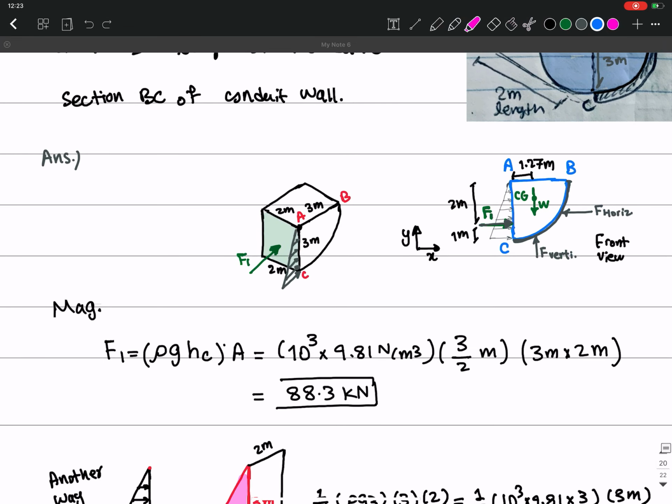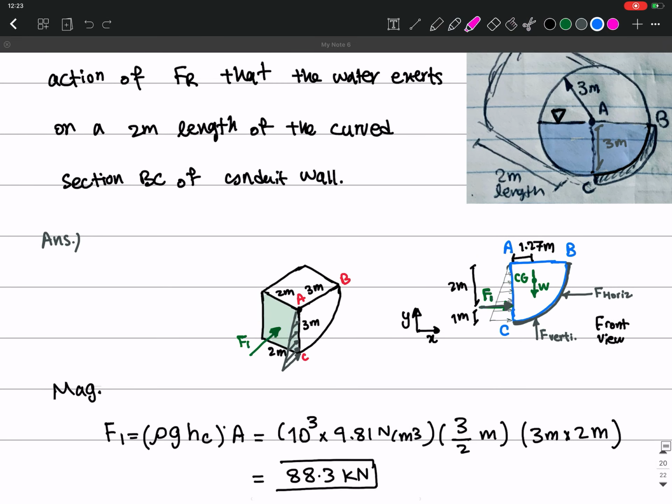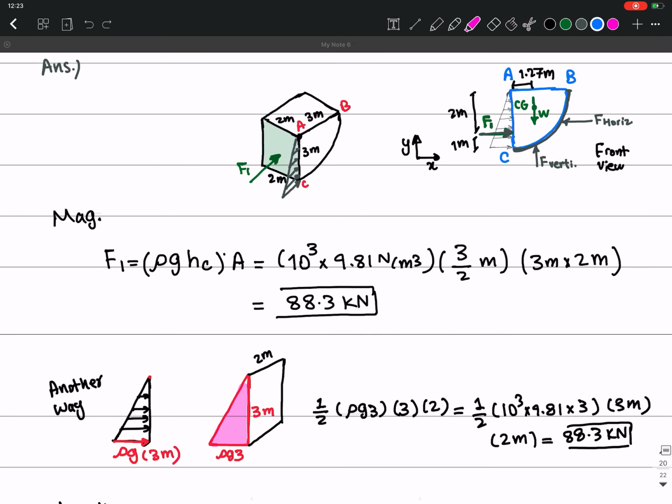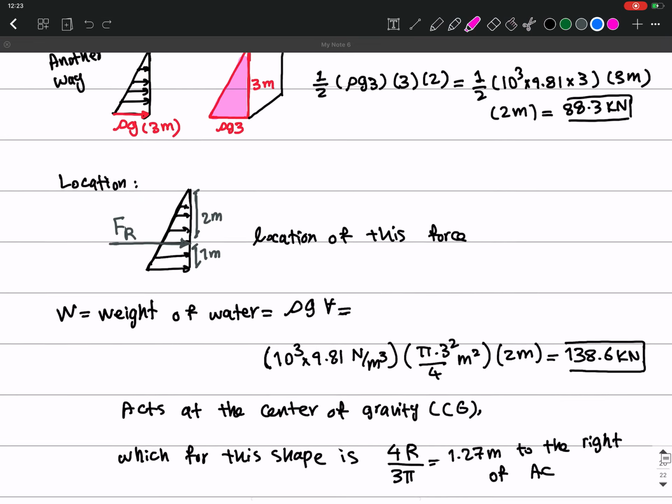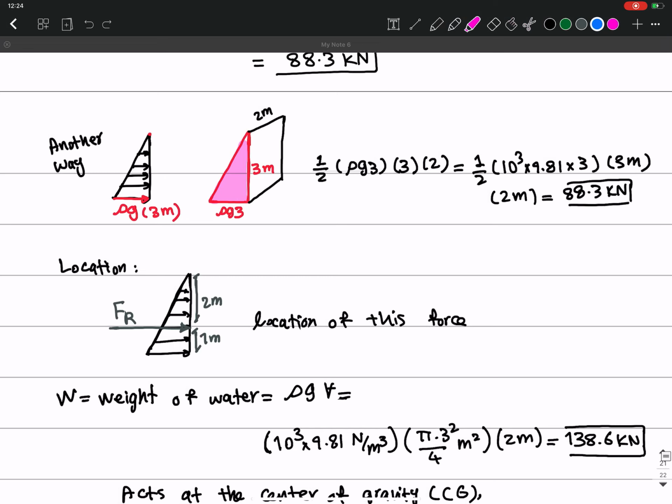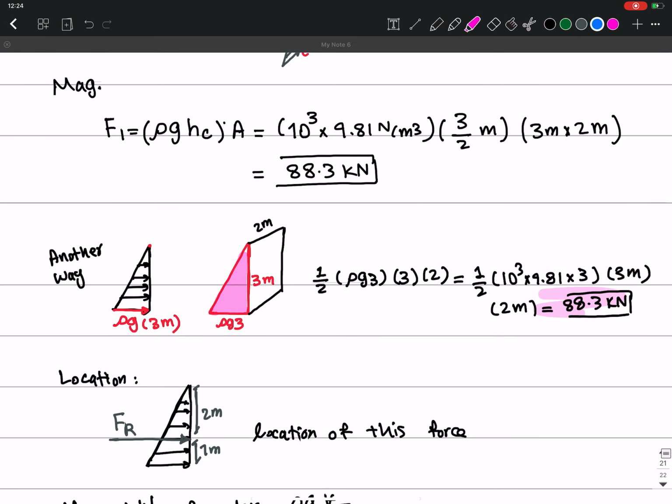Then you need to calculate the hydrostatic forces, which is this F1, the magnitude of that, and also the location of that, and then also the weight of water, which is shown here. Okay, so all the forces that act on that. So you just draw the free body diagram, and then we calculated the magnitude of the hydrostatic force through 2 methods.